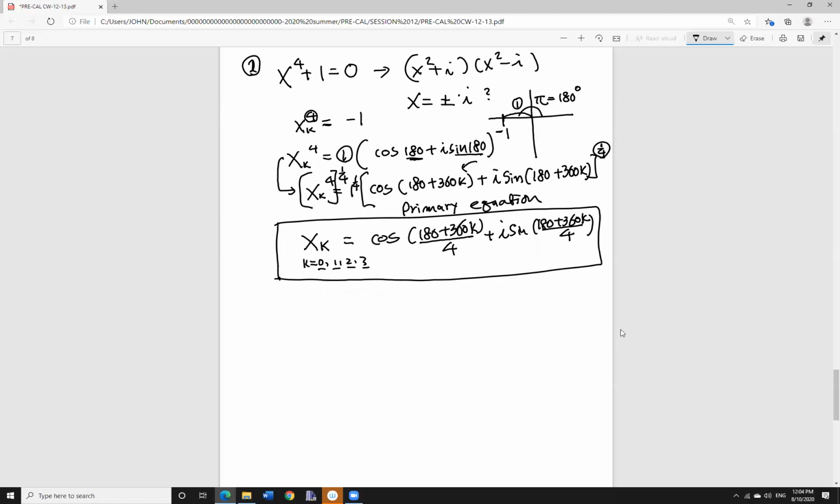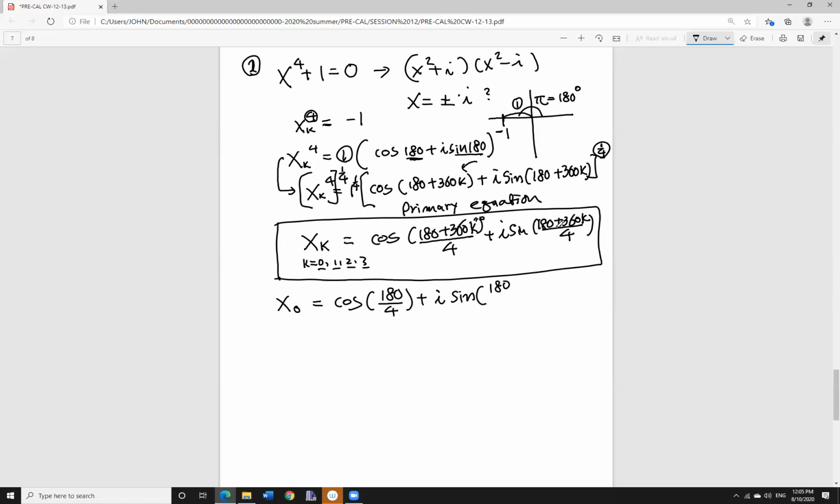Now we can find the starting angle. x0: k is 0, so cosine of 180 over 4 plus i sine of 180 over 4.